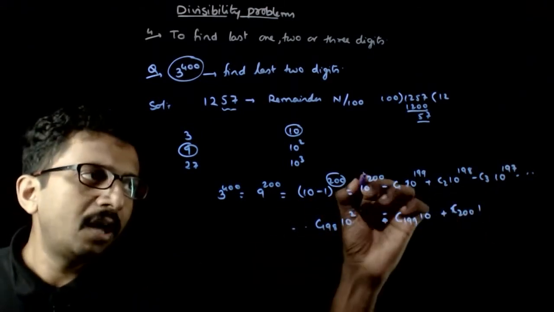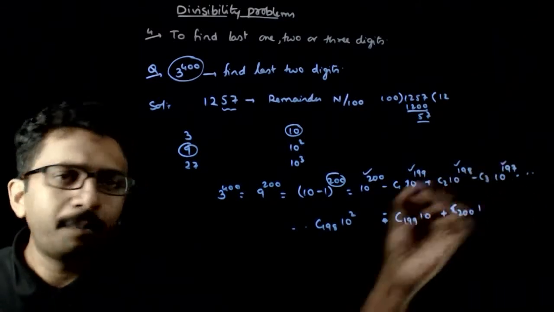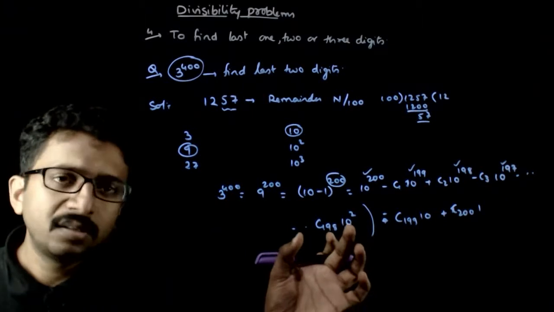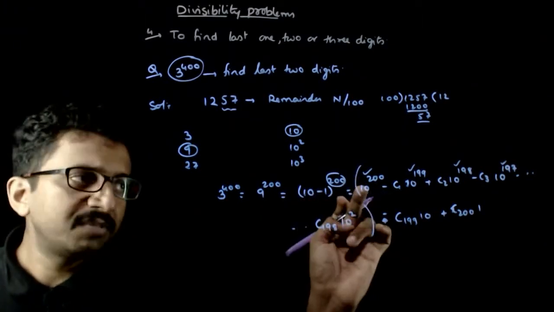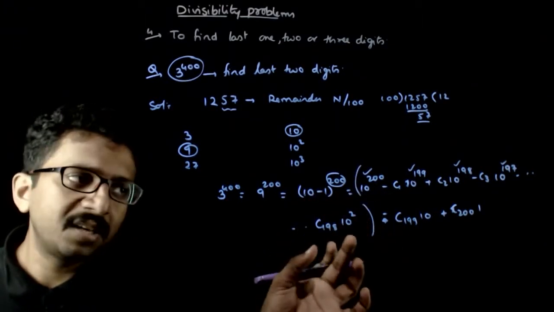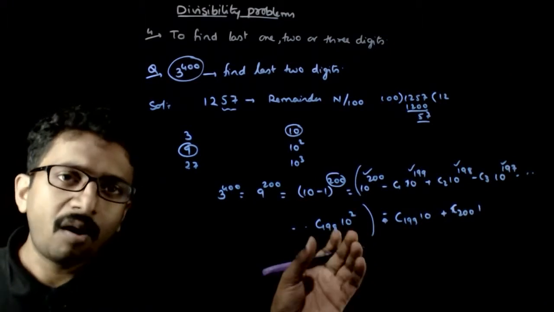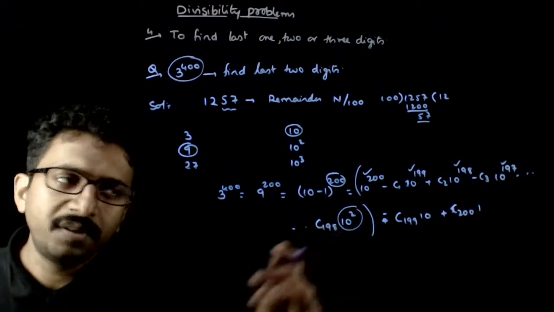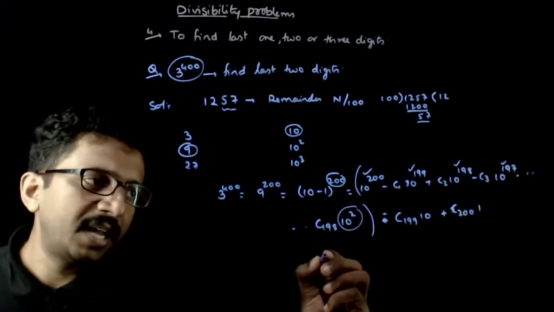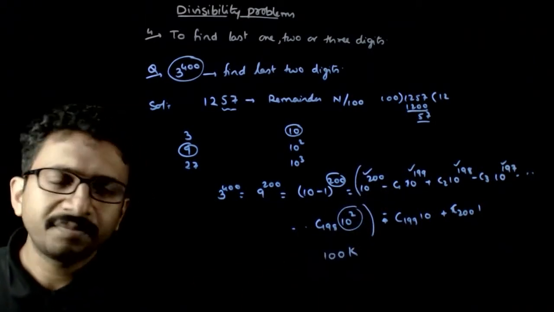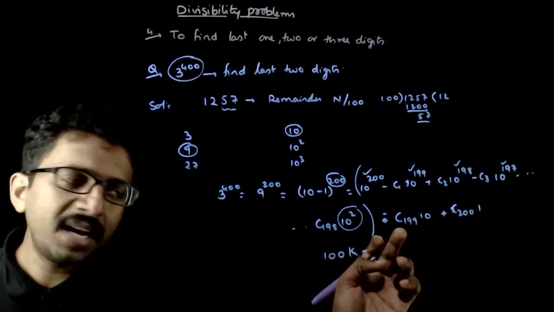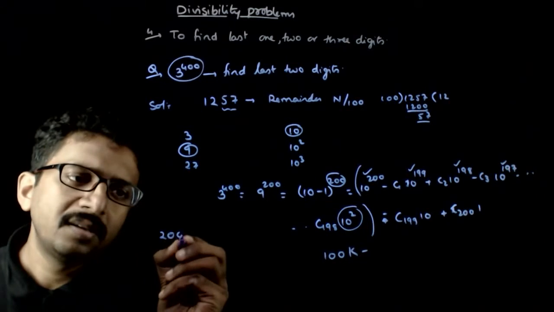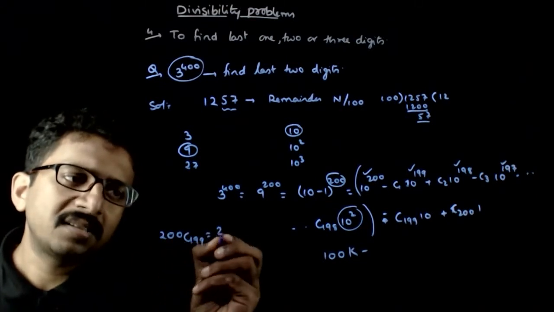Can you see that in all these terms you have a lot of powers of 10? The terms from the first term until the term C198 into 10 square are all divisible by 100, because you have a minimum power of 10 square in all of them. So all these terms can be written as 100 times something, minus C199 times 10, that is 200 C199, which is the same as 200 C1.